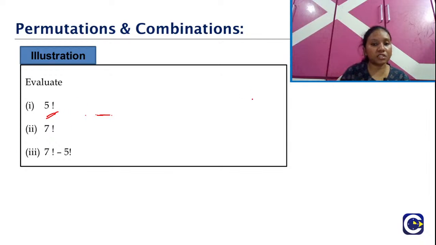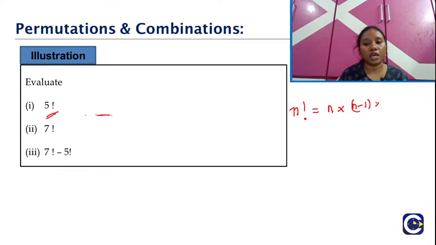How will we write it? If it's n factorial, what is our expansion, guys? It is n into n minus 1 into n minus 2 and so on until 1. Right. So the same thing here, where the n value is 5.